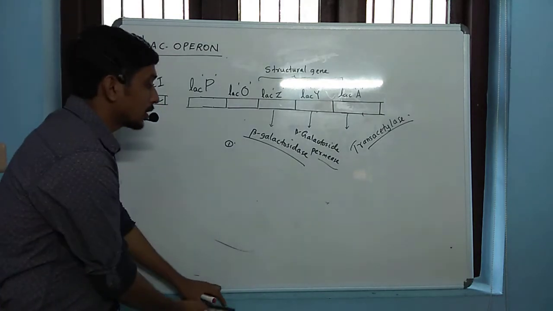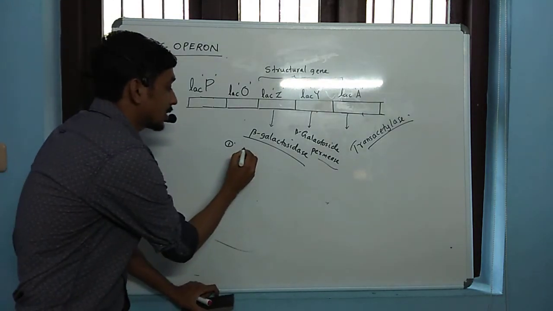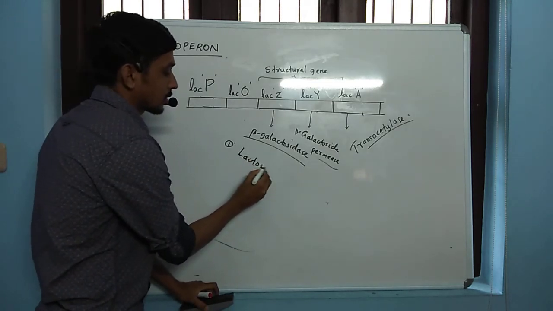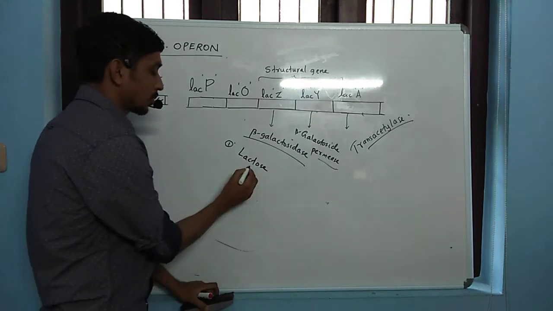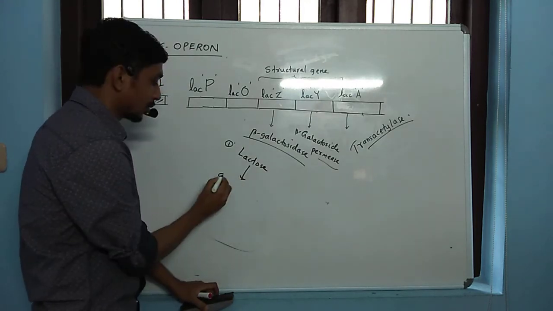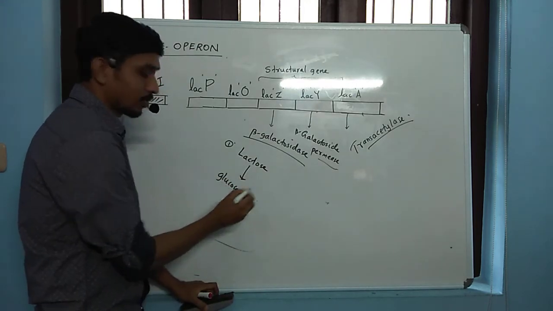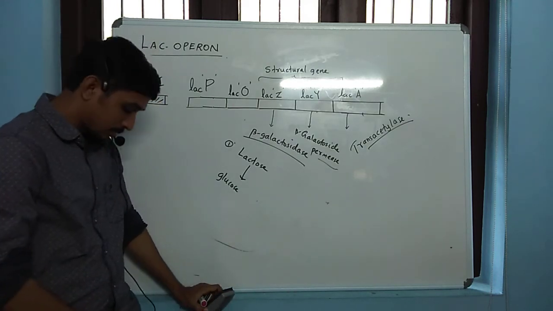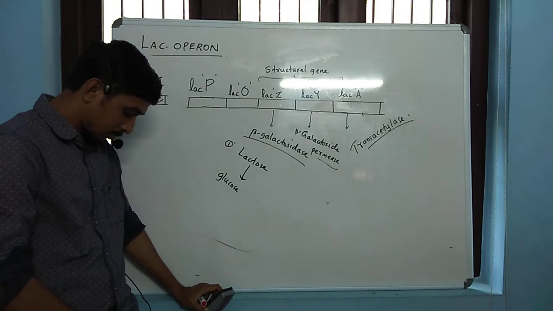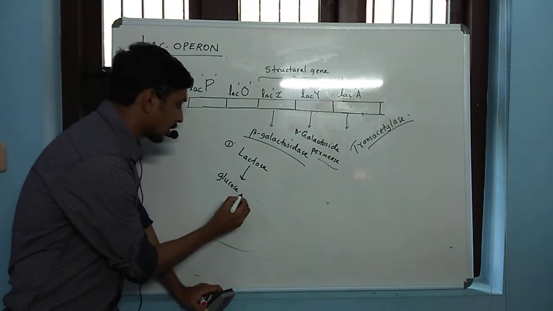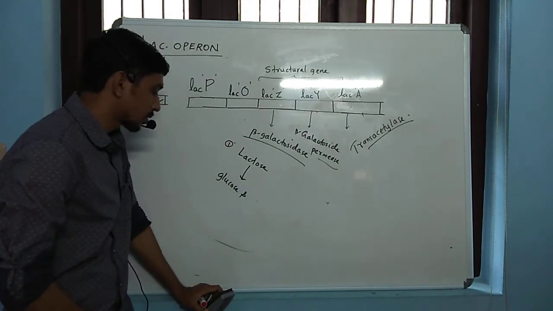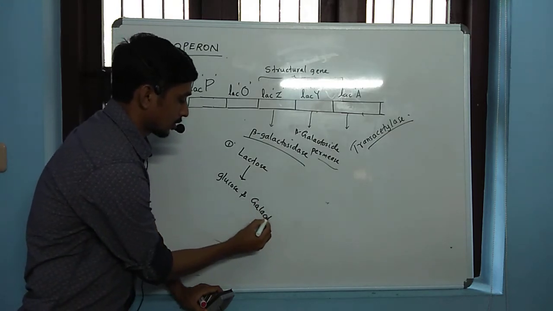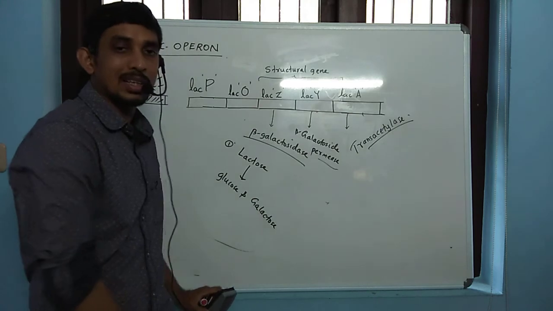The first function of beta-galactosidase is to convert a disaccharide called lactose into glucose and galactose.